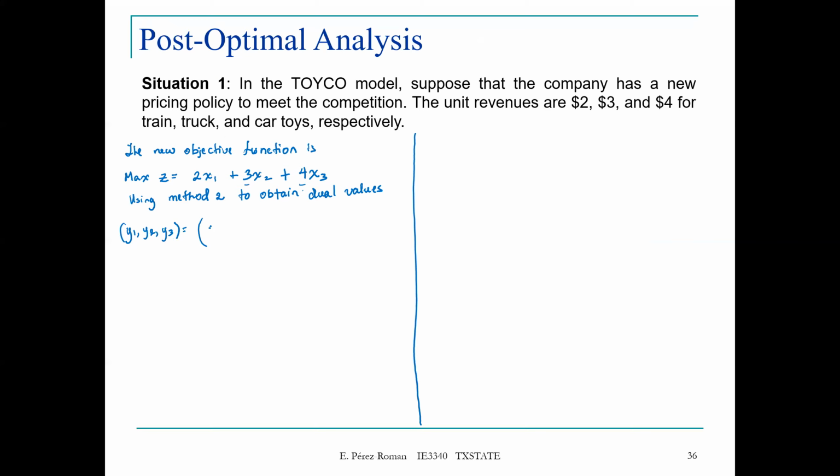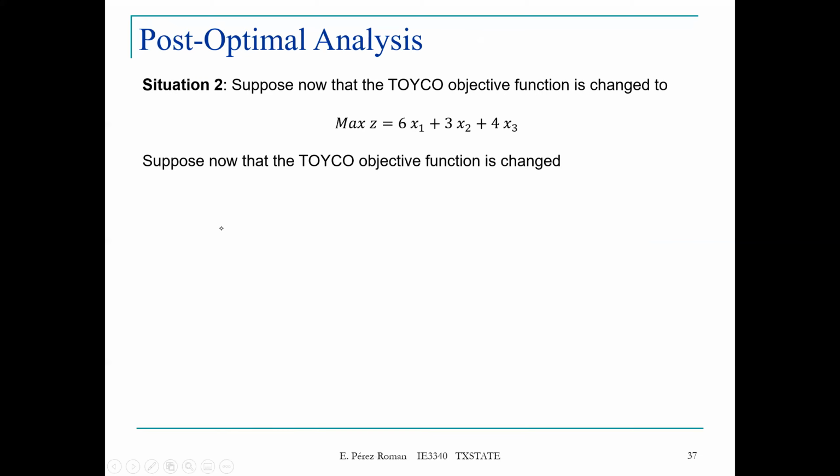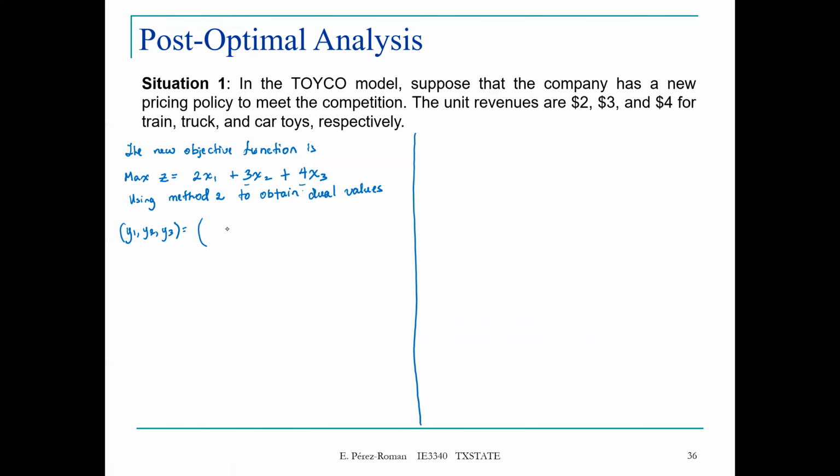So it's 3, 4, and 0, times 1/2, minus 1/4, 0, 0, 1/2, 0, minus 2, 1, and 1.